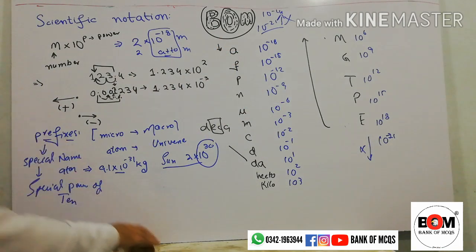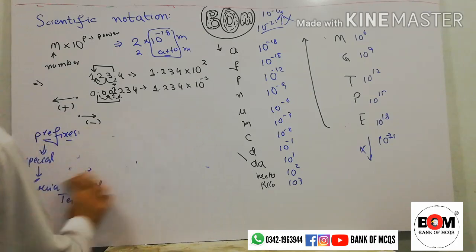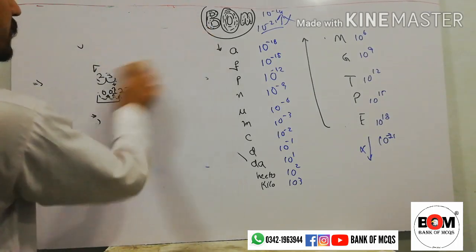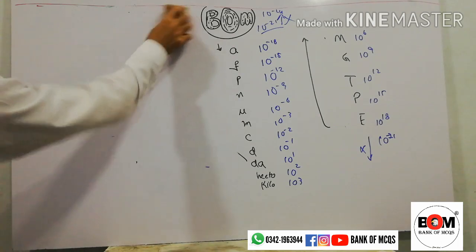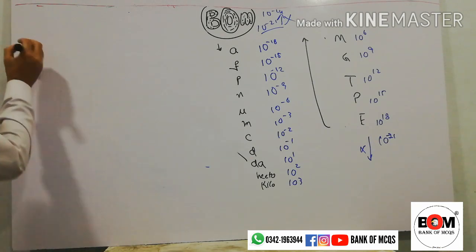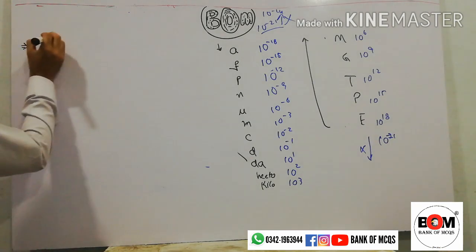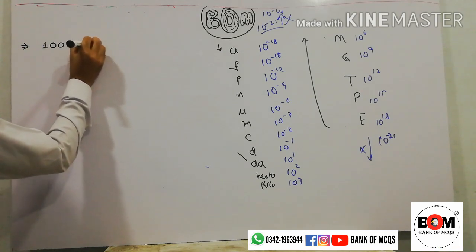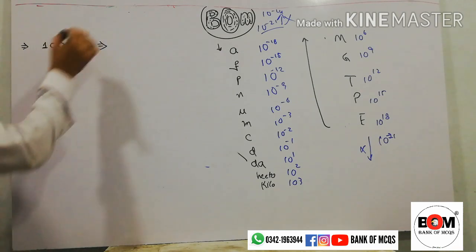So for example, let's clean this. For example, in the first case, if someone tells you to convert 100 kilometer into meter, the SI unit is meter.